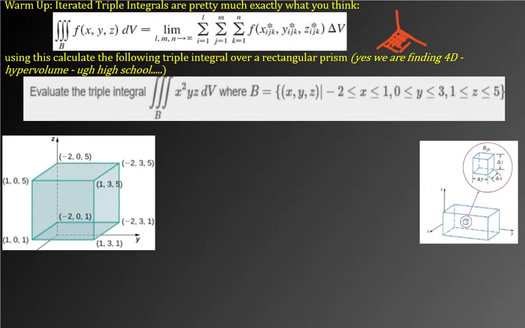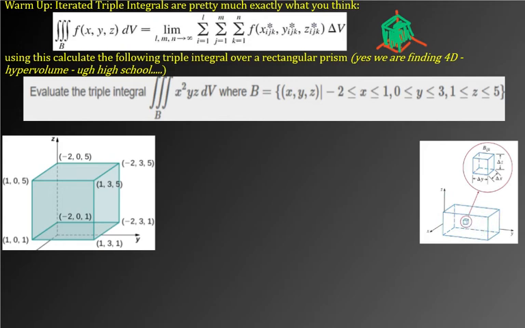Now we're going to let it also extend up into z, and create a 3D object that we're summing over, which is kind of weird. Basically we're imagining little cubes, and as we allow L, M, and N to get larger and go to infinity, we create more and more of these cubes, so they get smaller and smaller.